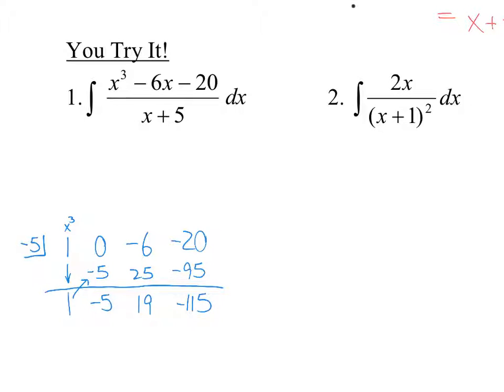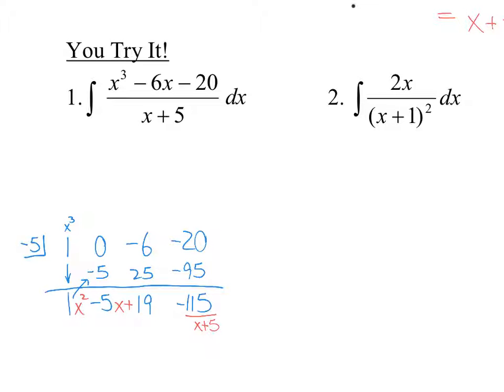Now, it's important that you know what this gives you. I lose a power of x, so it's 1x squared minus 5x plus 19, minus 115 over x plus 5.